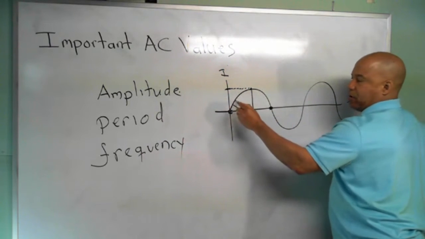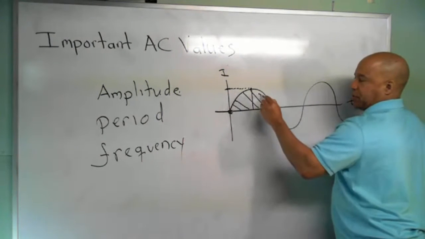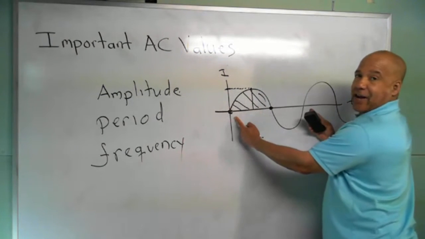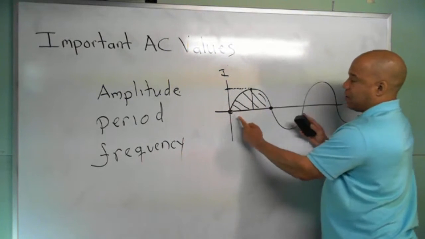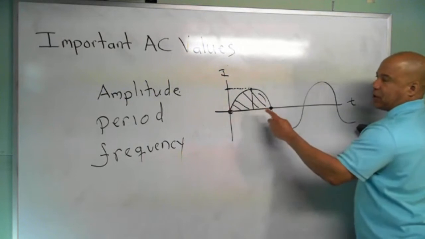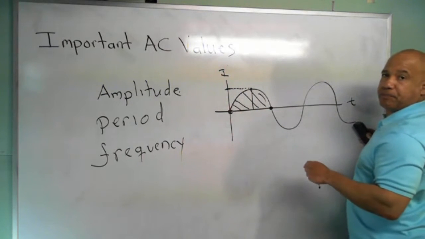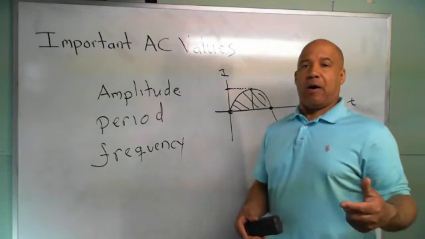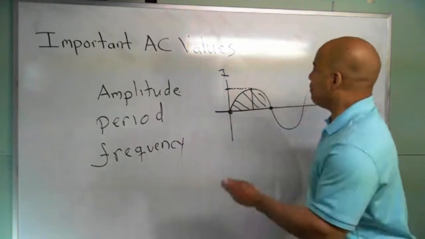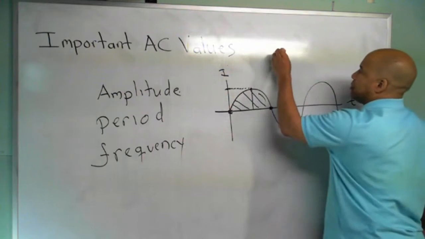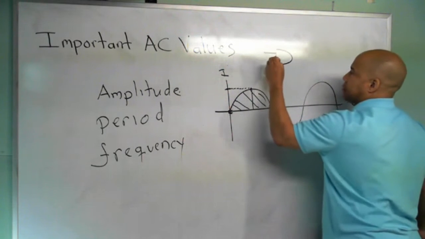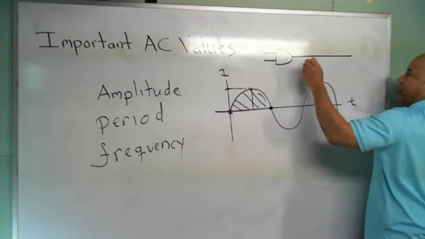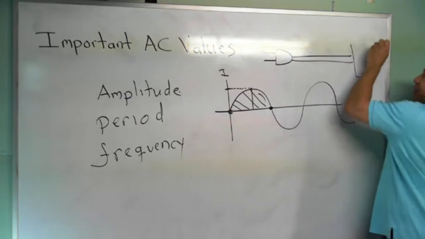But remember this whole thing here is called a cycle. That's one cycle. For this half cycle, that means the current is going in one direction. So for example, you know that when you plug something into the wall outlet at your house, the plug has two blades on it. And it goes into whatever device you have.